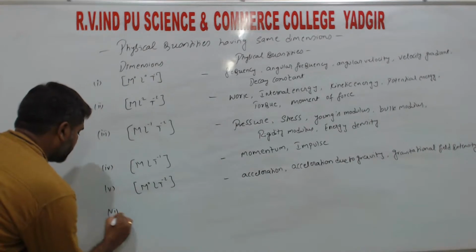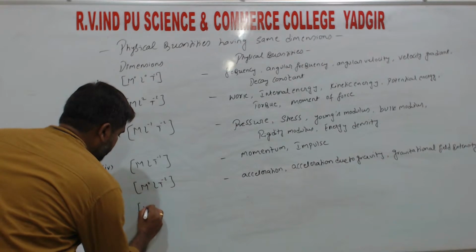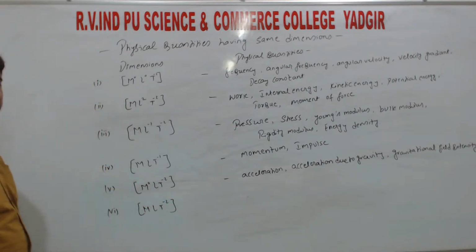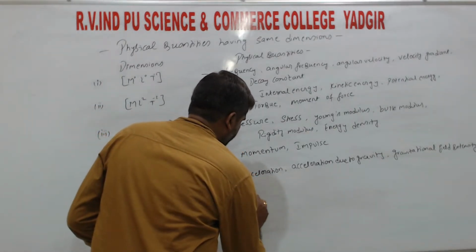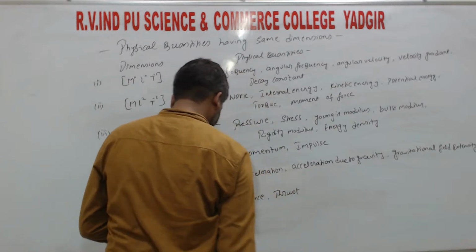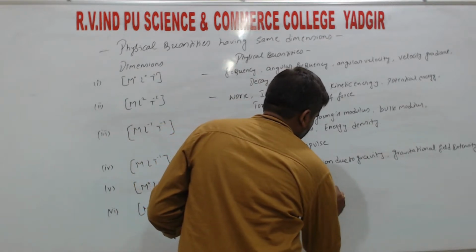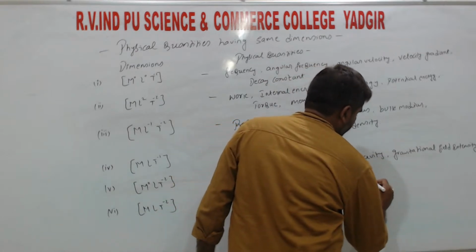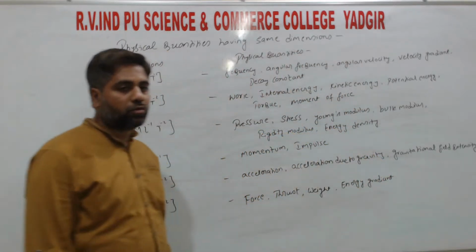So 6, M L T power minus 2. So kg meter per second square. That is the unit of force, right? Force, thrust, weight. The next is energy gradient. Gradient means with respect to distance.